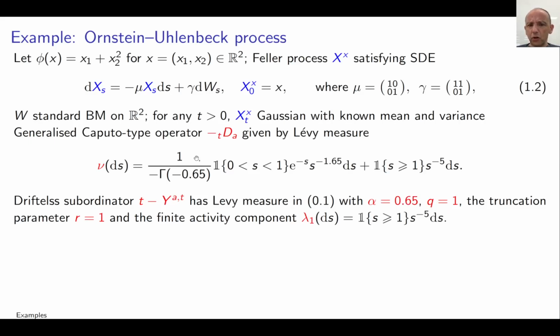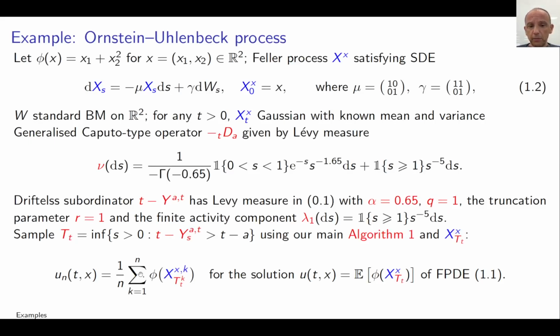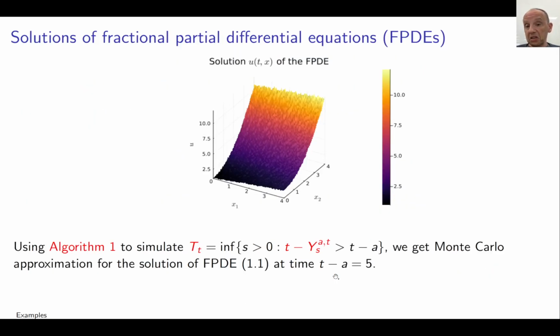You just read the parameters of this representation from nu, and then because we now know how to simulate this exactly, and as I say, this has a normal distribution given the time T_t, which is given by mean and variance as a function of t, we can simulate this quantity, and this estimator is an unbiased estimator of this solution. Okay, and here's a slice of this solution, right?